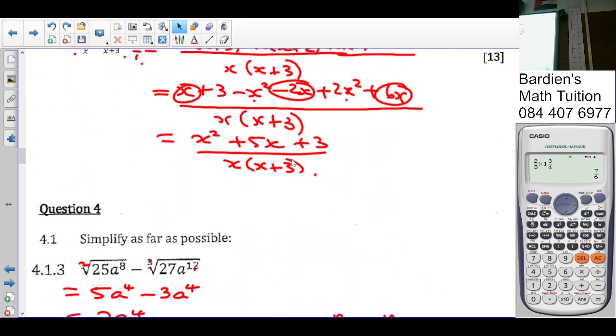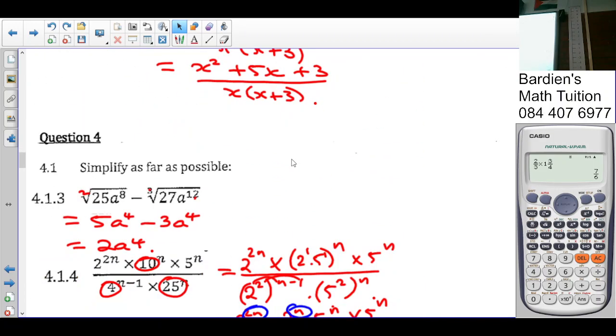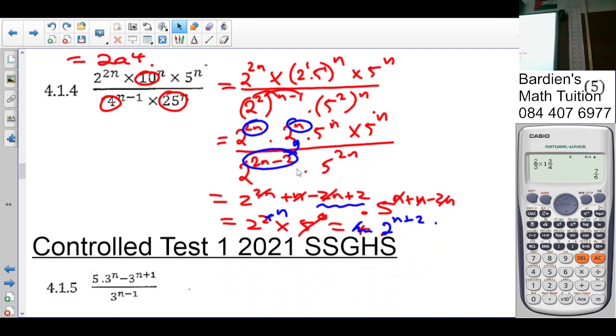There's another mistake here somewhere. In question 4.1.2. Go to 4.1.2. What's the answer I gave you there? 1 is supposed to be 2. So why didn't you tell me?